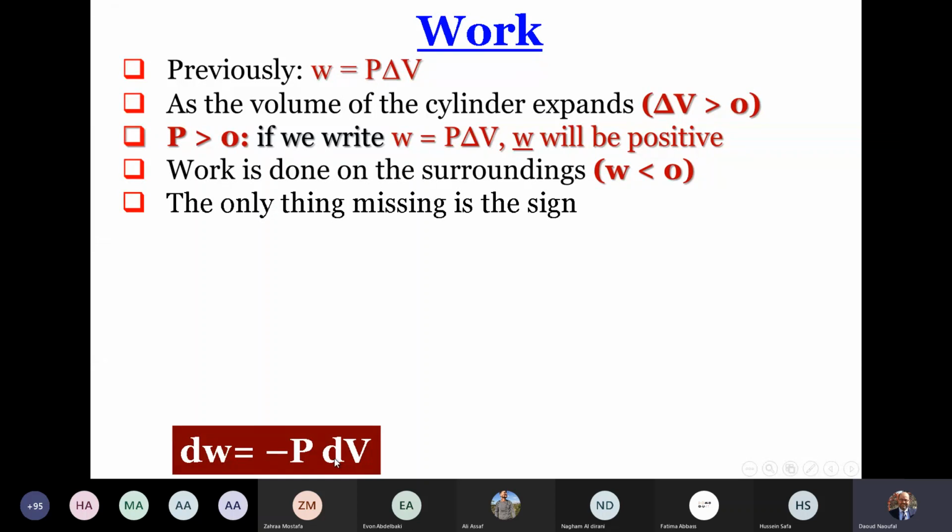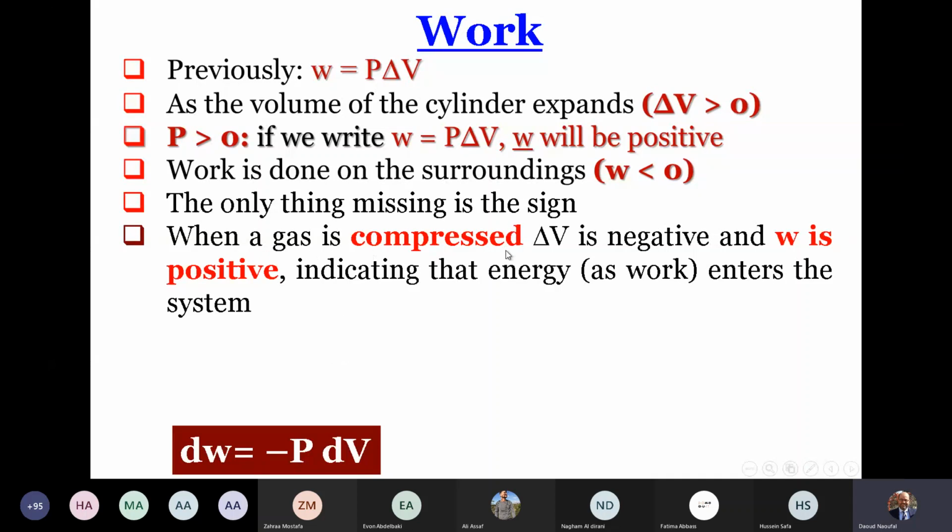So as a conclusion, what is the work? We consider the work done by the system on the surrounding, and the variation of the work can be directly used: dW equal minus P dV. This is the formula of the work that can be used without a proof.